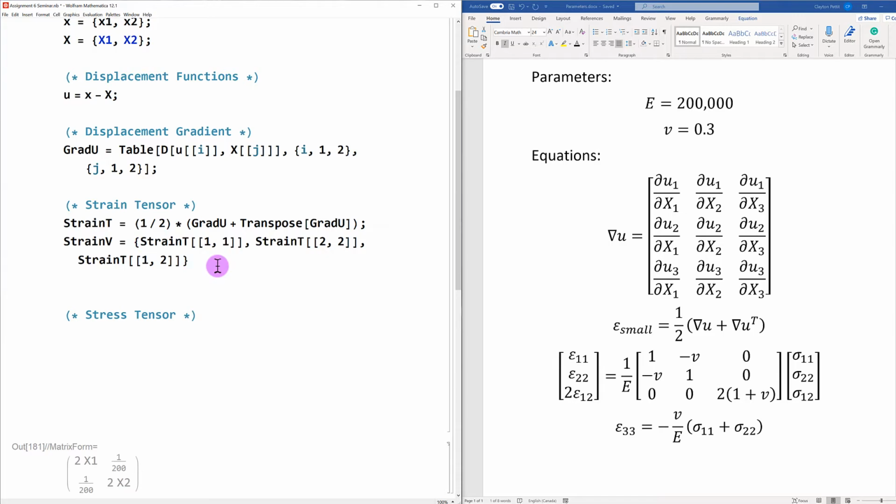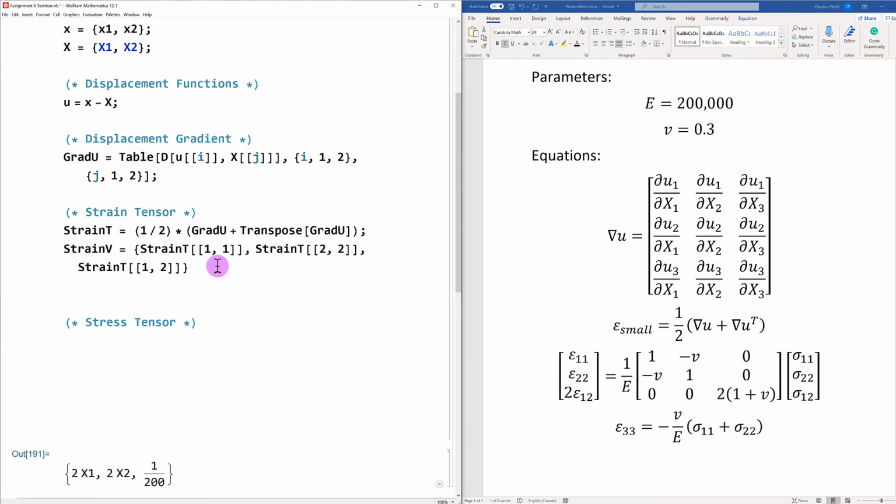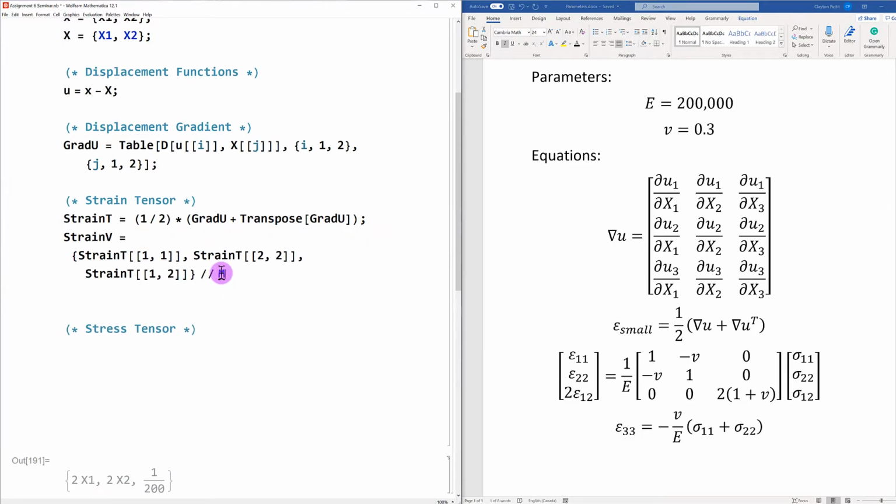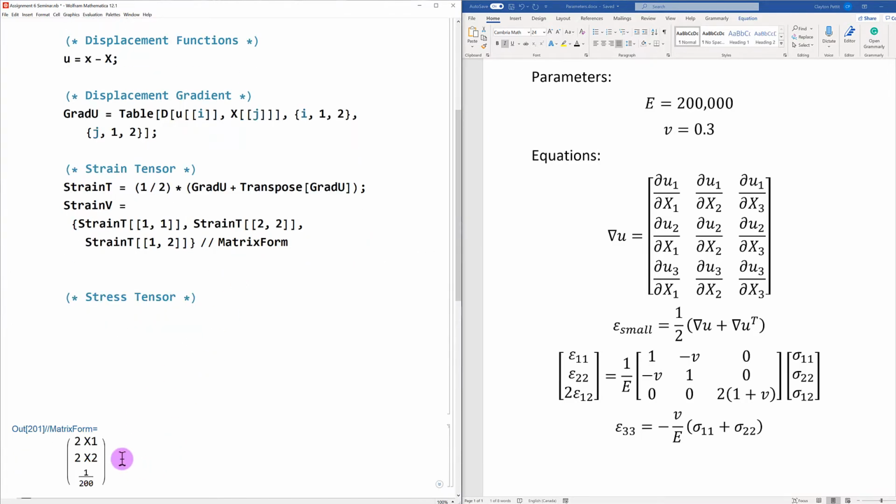Now here's the problem that a lot of students are going to have, and this will cause a lot of mistakes. If I were to run this right here, there's no problem at all. I want 3 components, I have 3 components. If I put this in matrix form, we have 3 components, so this looks like it's correct. We have to keep in mind, though, that when we're dealing with our strain vector, we have a 2 in front of our shear strain.